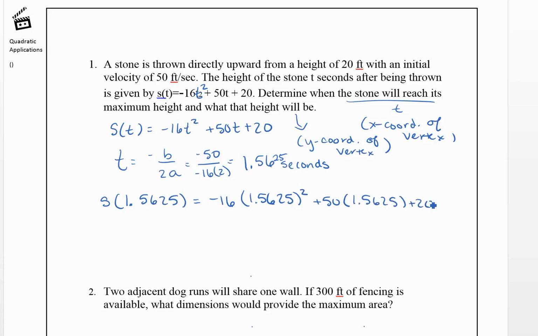Okay, and you can put that into your calculator. So negative 16 times 1.5625 squared plus 50 times 1.5625 plus 20. And here we get that this is 59.0625.